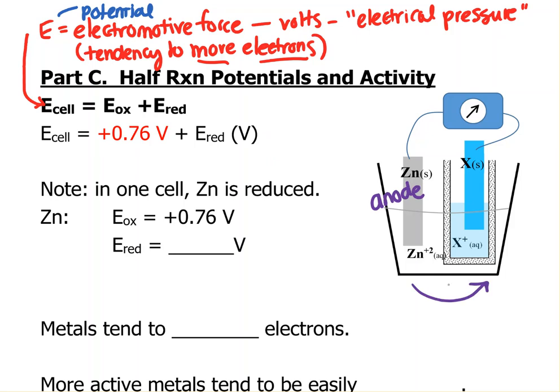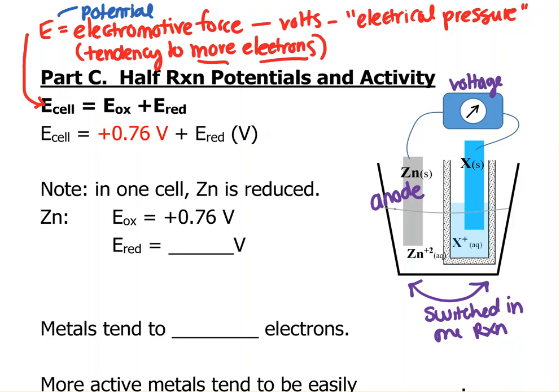I should tell you that it's switched in one reaction, because it depends on what the metal is. It depends on which metal is more likely to give away the electrons and which one is more likely to accept the electrons. And so this voltage is what we're going to read, and that will tell us the potential of the whole cell.